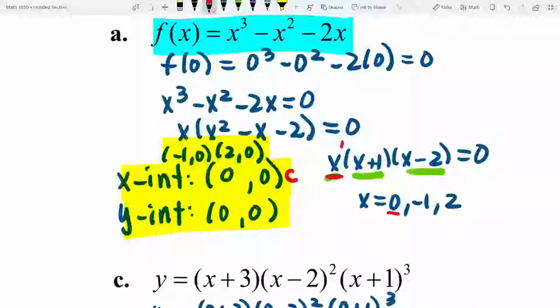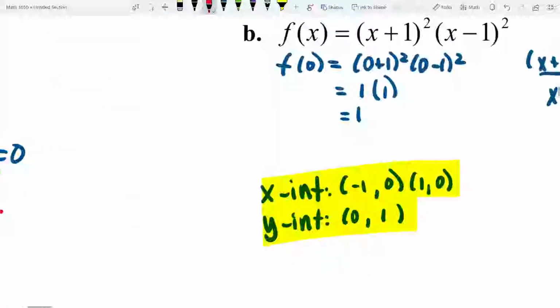So the 0, 0 is a crossing x-intercept. This x plus 1 gave me the negative 1. The x plus 1 has an exponent of 1. Therefore, that is a crossing x-intercept. 2 came from here. Exponent's 1. 1 is odd. Odd means cross. So those are all crossing x-intercepts.